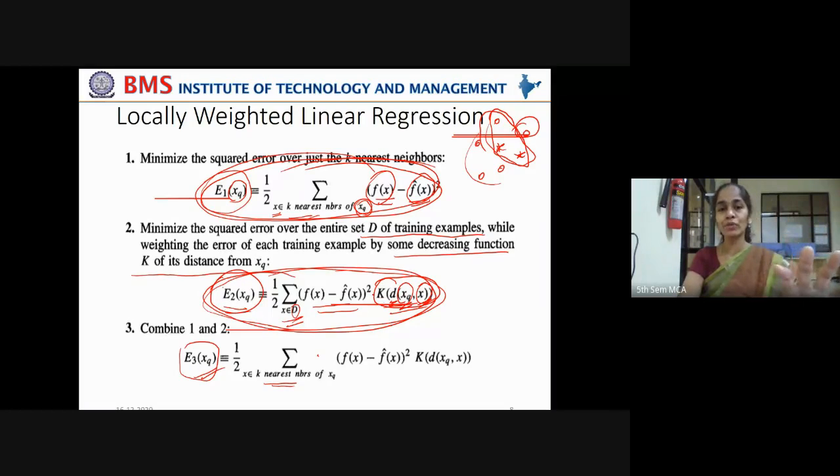Now combine both of them. What do you get? You are giving weight to k nearest neighbors, so that among those k nearest neighbors, the very near neighbors you can use to assign the new instance to that particular class. That is why we have added this new function k, which is a function of the distance between the new instance and the existing instance.